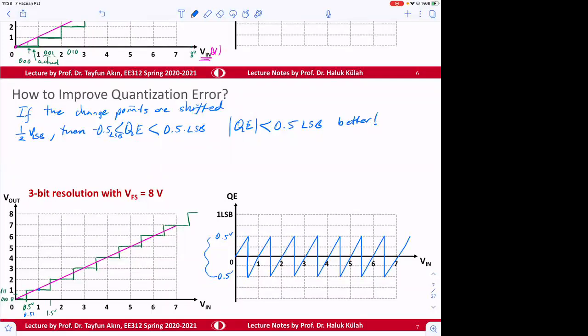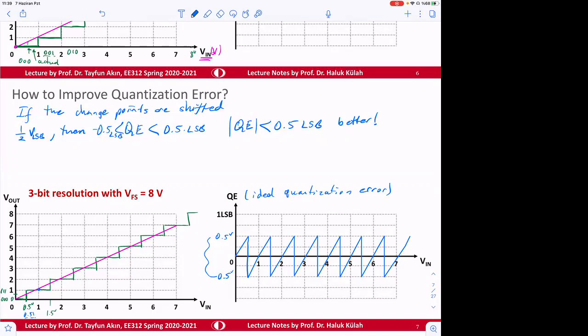So by the way, this is the ideal case, and the devices that are going to be making this conversion will also contribute to this mistake. So this is naturally the ideal. Okay, so this is the ideal quantization error, assuming that our A to D is precisely doing this thing.